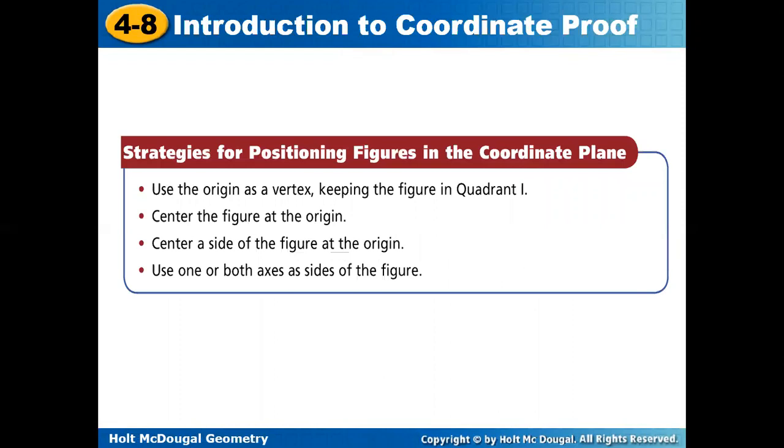We have this strategy for positioning figures in the coordinate plane. Number one, use the origin as a vertex, keeping the figure in quadrant 1, the first quadrant, to make them both positive.